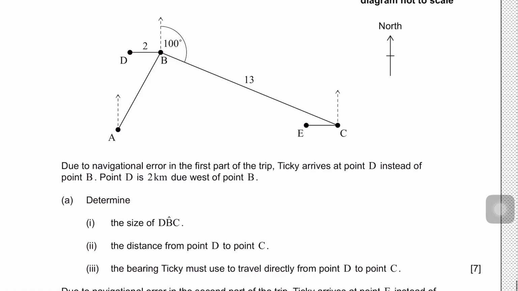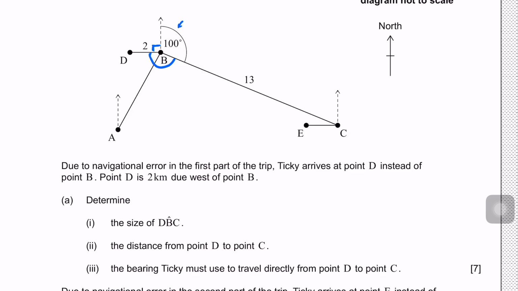So what is the size of angle DBC? So we're looking for this right here. What is the size of this angle? We know this is 100 degrees. Due west means that this is 90 degrees. Angles at a point sum to 360 degrees. So what do we have? We have DBC plus 100 plus 90.